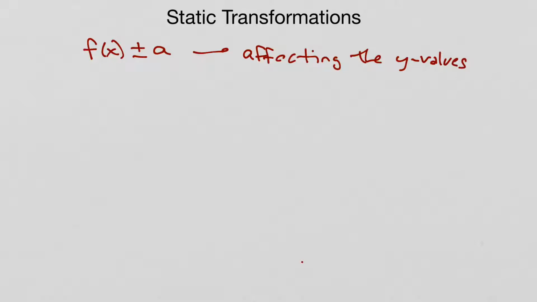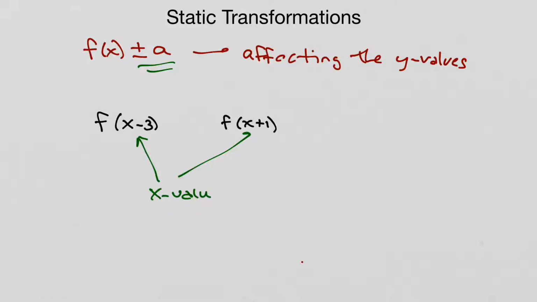And for all these transformations, if we're doing something on the outside of the function, then we're affecting the y values, as opposed to where if we are doing something on the inside of the function, for instance, maybe f of x minus 3, or perhaps f of x plus 1, right? If these changes are occurring inside of my function instead of outside my function, then those will affect the x values on my graph.